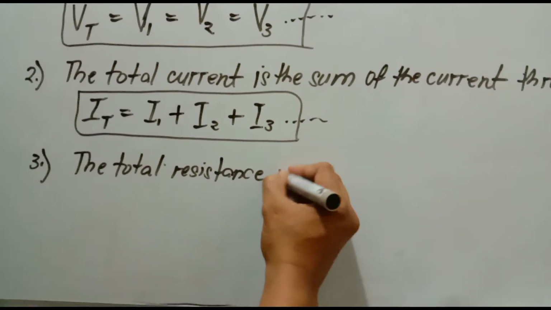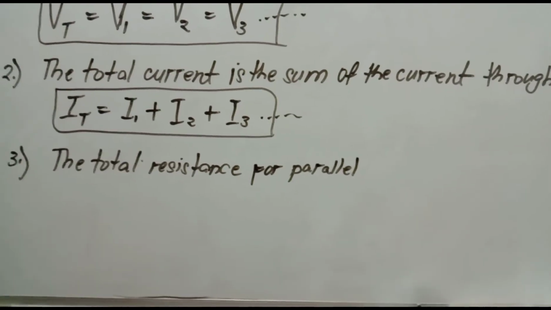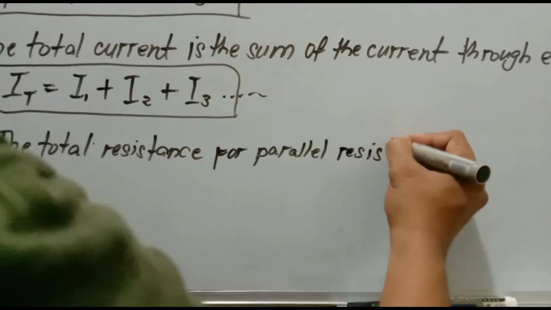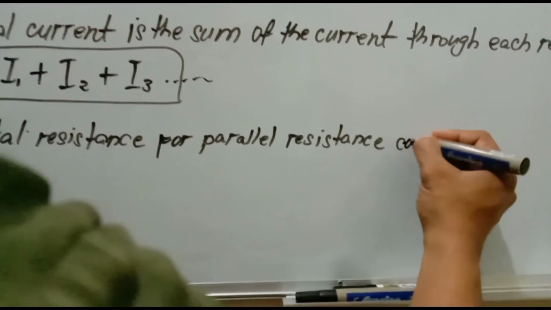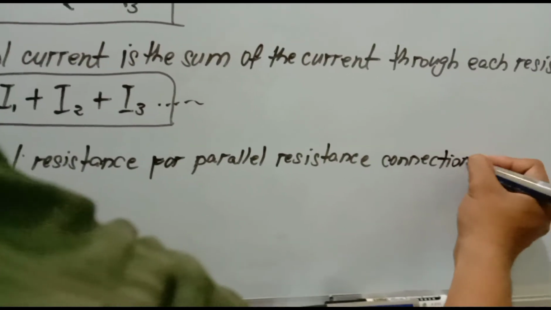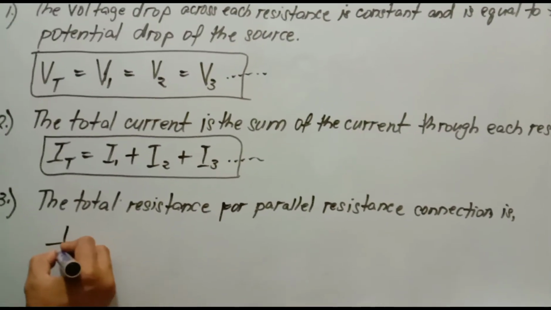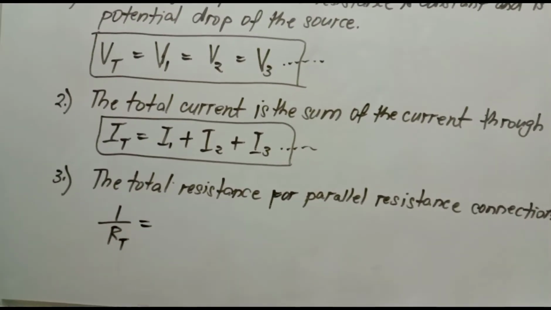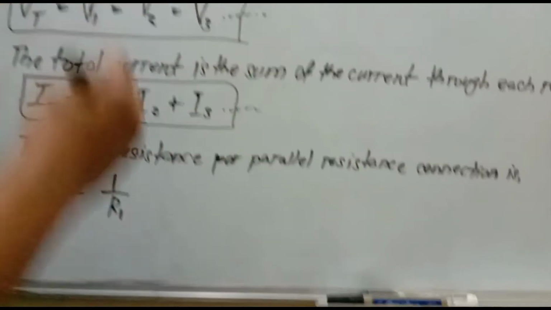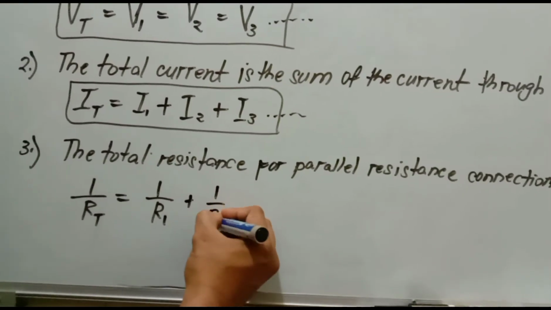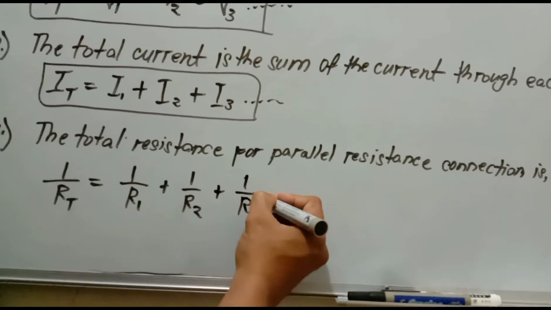So the total resistance for a parallel resistance connection will be: 1 over RT, the total resistance, is equal to 1 over R1, the first resistor, plus 1 over R2, plus 1 over R3, and so on and so forth.